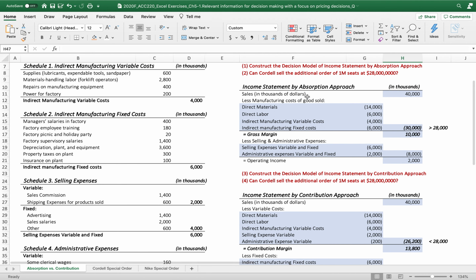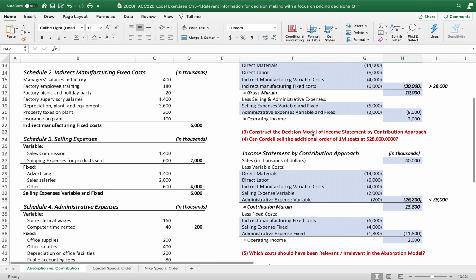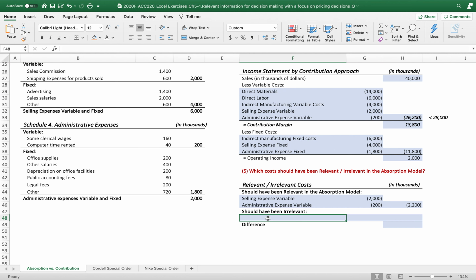What should have been irrelevant? In the absorption approach, the fixed cost was irrelevant, regardless of taking this special order or not. This fixed cost doesn't change. They have to spend this fixed cost anyway. So it should have been irrelevant in the absorption approach.